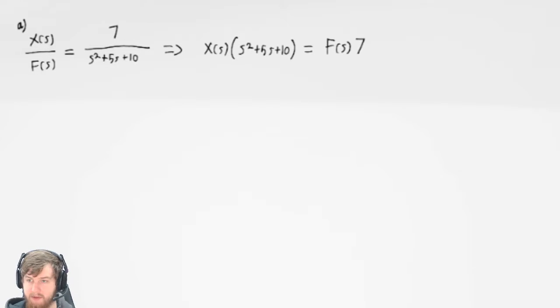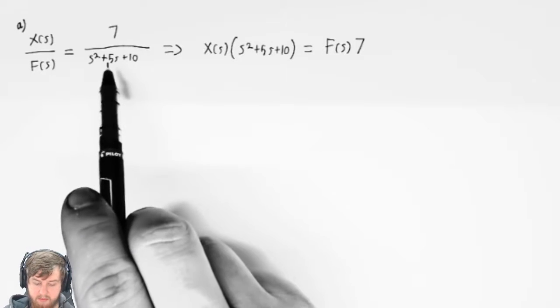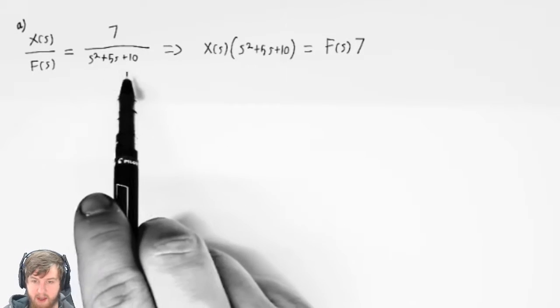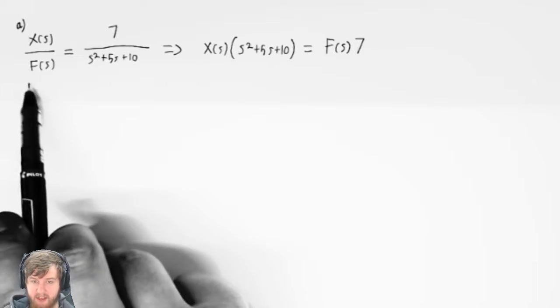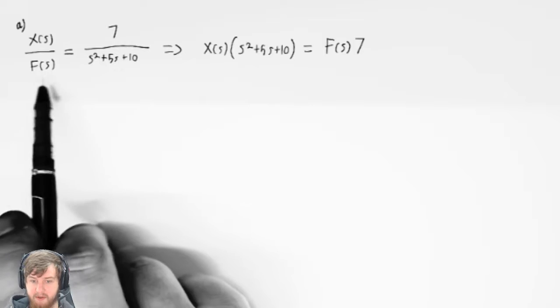And so now all we have to do is take the inverse Laplace transform of each side, and that'll yield a much simpler result than what we'd have done if we tried to do a partial fraction decomposition here. The reason we don't have to do a partial fraction decomposition is because this side is still split up into its 2 terms.